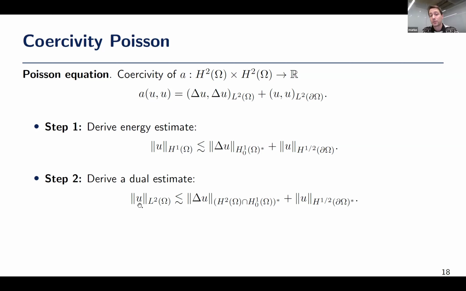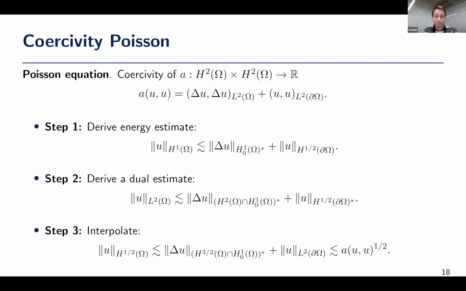And then we're able to control the L2 norm of U in terms of the Laplacian in the dual of H2 and in the dual of H1/2 on the boundary. And this typically works by considering a dual problem, integrating by parts, and then estimating.